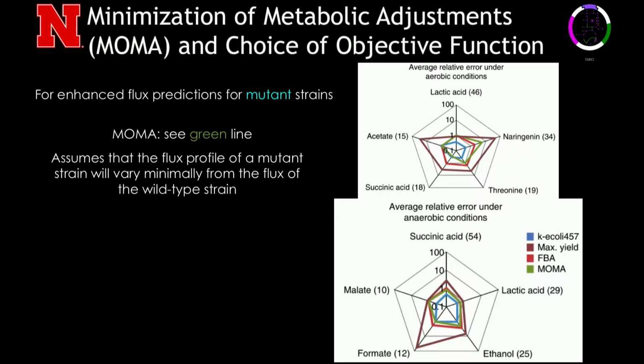So, let us look at these green lines in the spider plots. This is something that you will get if you do MoMA, minimization of metabolic adjustment. What does that mean?